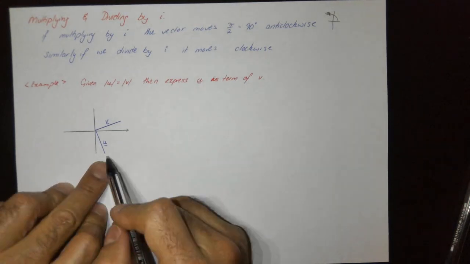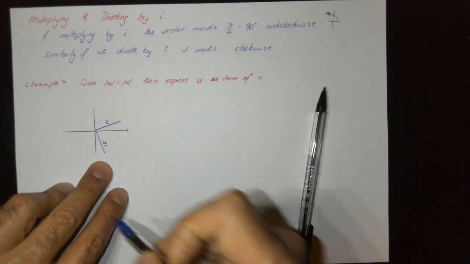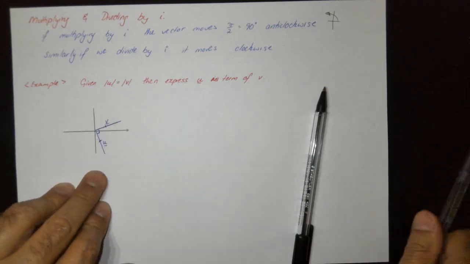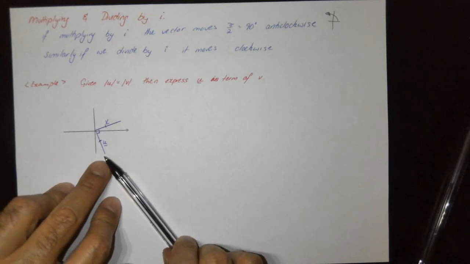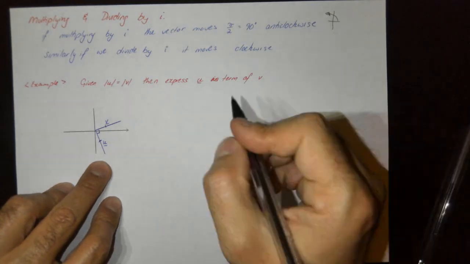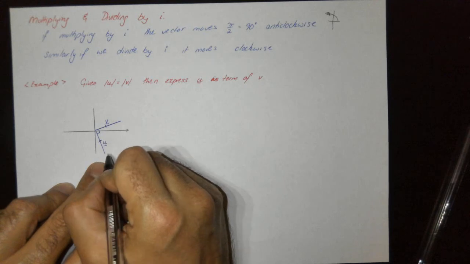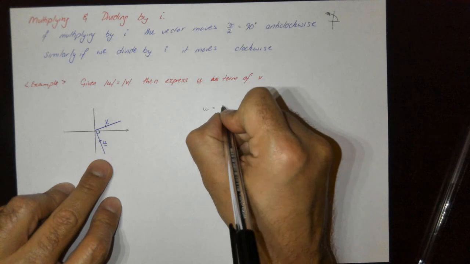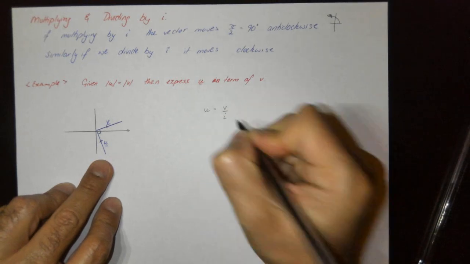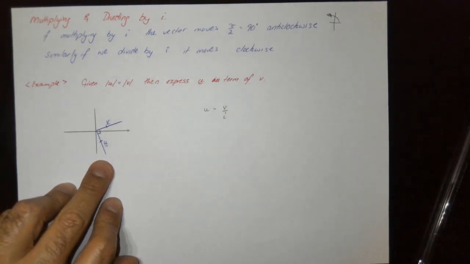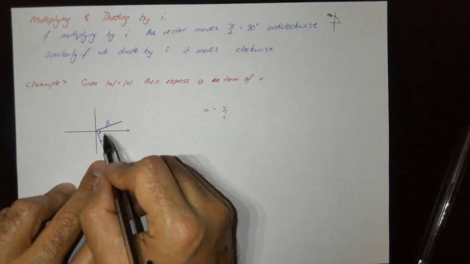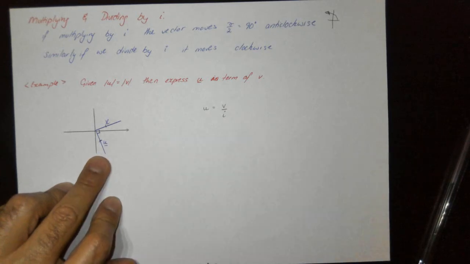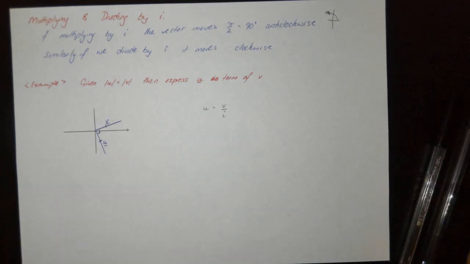So given that U and V are the same in length, we want to express U in terms of V. Well, U is really V divided by i, because we're moving it 90 degrees in a clockwise direction. So U is equal to V divided by i. Okay, thank you very much.